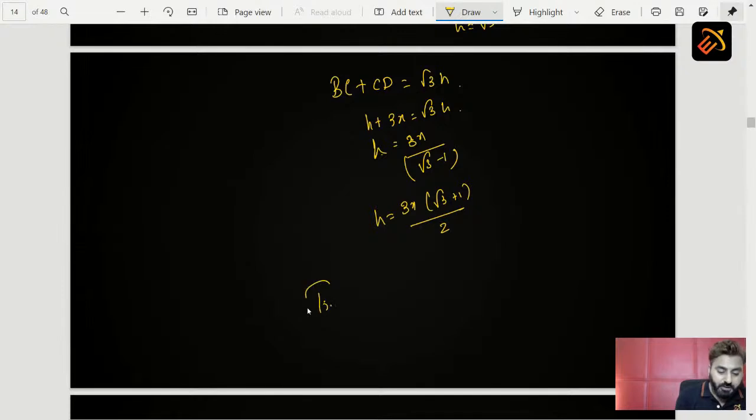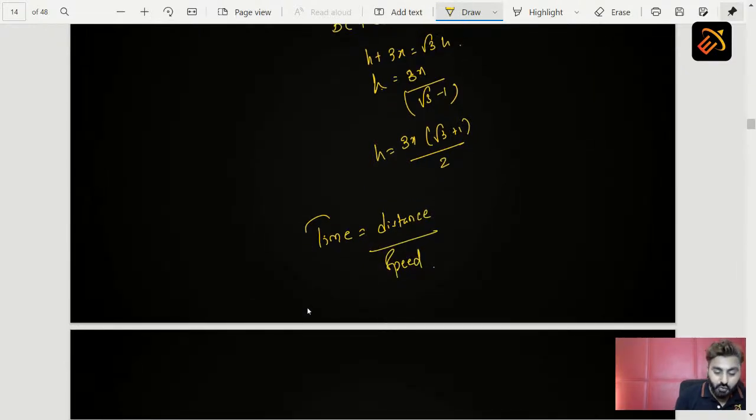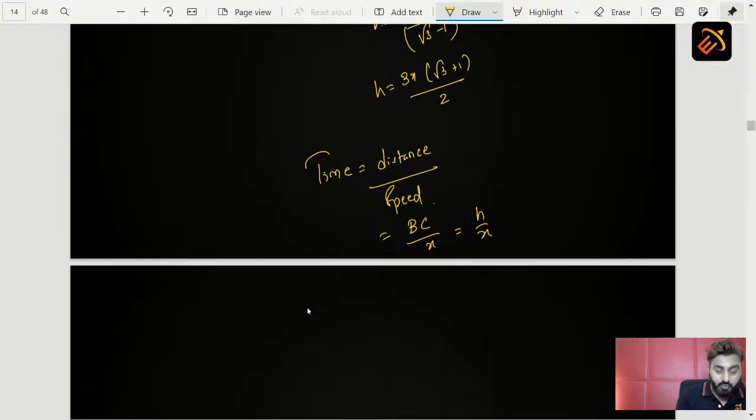So what is the time taken? Time taken is distance upon speed. So what is the distance? BC upon x, which is h upon x. So here it becomes 3x into root 3 plus 1 by 2x, which is 1.5 into 2.73.